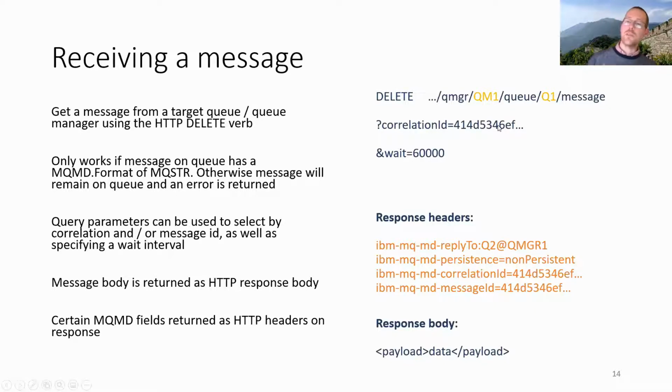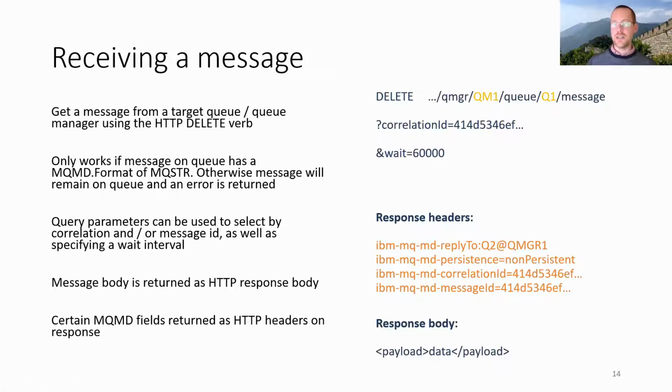Or perhaps you're waiting for a message, but there's no actual message available on the queue yet. So you can issue an HTTP request and say, I'm going to wait for 60 seconds for that message that I want to turn up. That's done via another query parameter, which is this ampersand wait equals 60,000 milliseconds. So it's a very simple way of getting messages via REST.